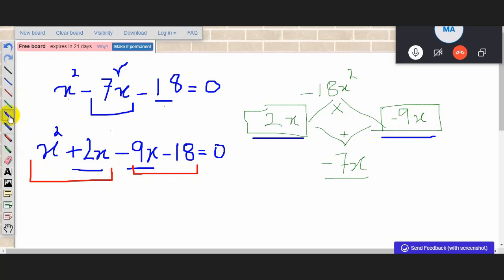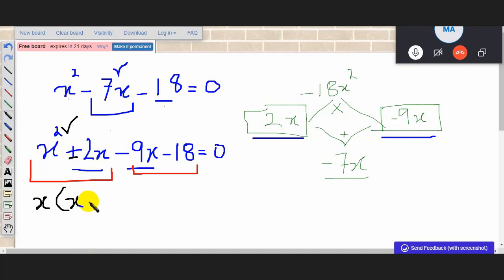If you want to factorize the first two, there is x common, so just take out x as common. x squared means two x's in multiplication, so we took out one x, and there is only one x left, right?